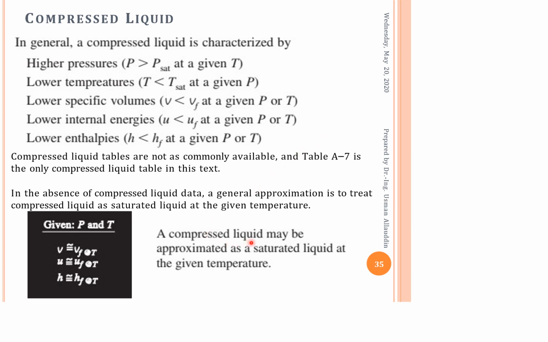A compressed liquid may also be approximated as a saturated liquid at a given temperature. Sometimes our values are so near to each other. For example, if you see table A4 and table A7, the values are very close to each other, so we can approximate it as a saturated liquid at a given temperature.